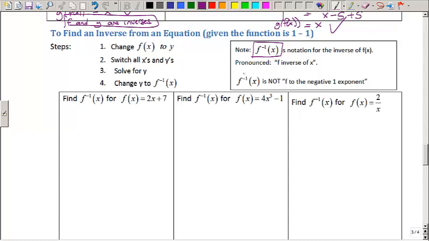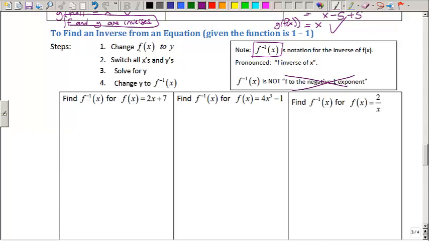Notice that this little -1 is not an exponent. It is not to be read f to the -1 exponent. That is not how we pronounce the inverse function. This is just a notation saying, hi, I'm the inverse of f. It does not mean a -1 exponent. It means f inverse. So let's look at our steps.